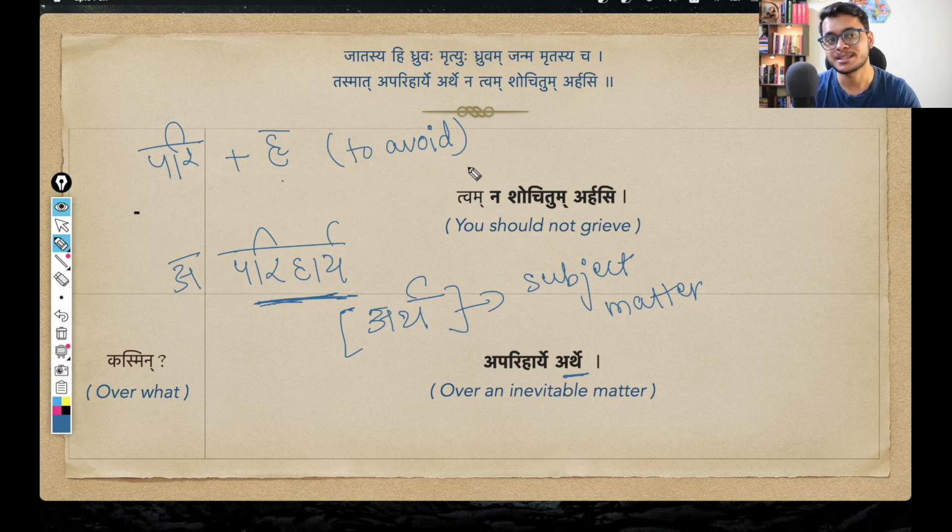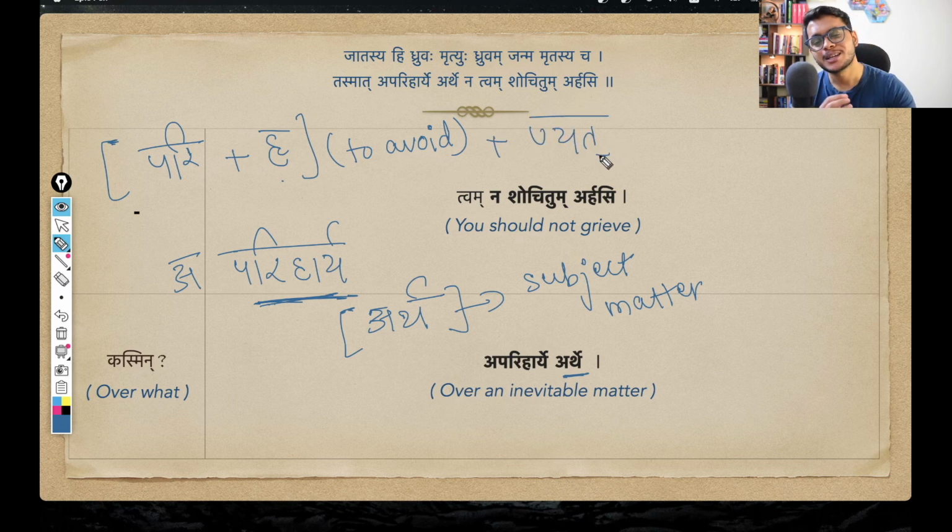This particular combination is modified using Nyat Pratyay. All these are basically Krit Pratyay, those suffixes that modify a Dhatu into generally some Pratipadika. So when pari plus Hri is modified using Nyat Pratyay, the word we get is Pariharya.